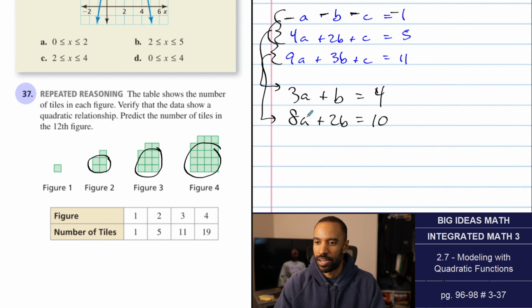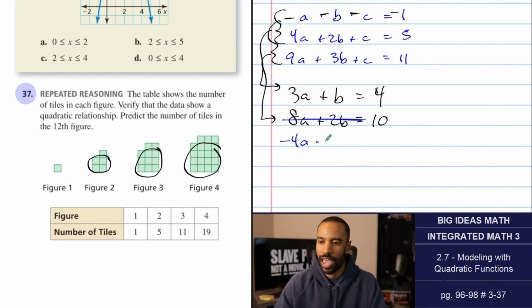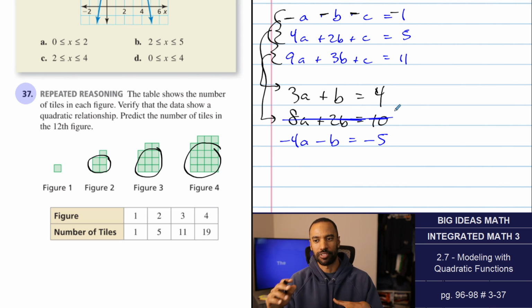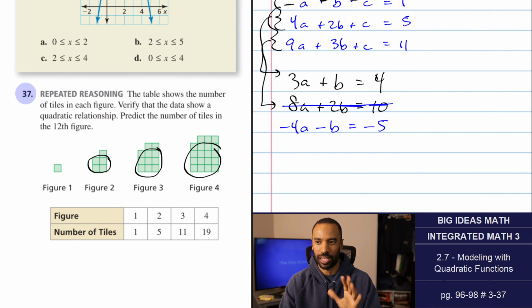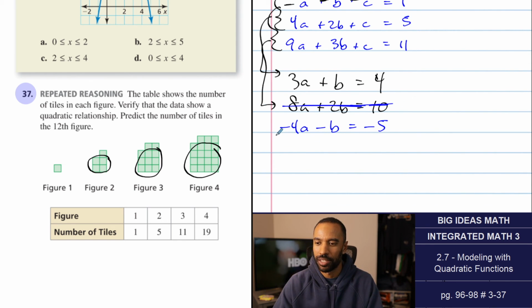If I divide this by -2, I get -4a minus b equals -5. Sorry if my work gets roughed out on these stages. This is where I just get a little more like, yeah, I'm doing my own thing. 3a minus 4a is -a. 4 minus 5 is -1. If -a is -1, then a is 1.